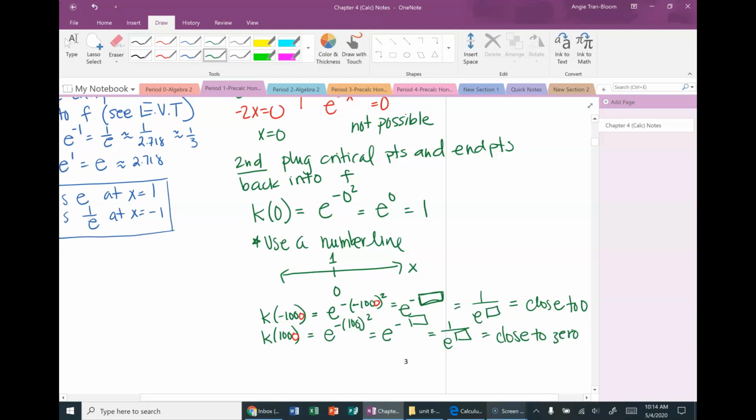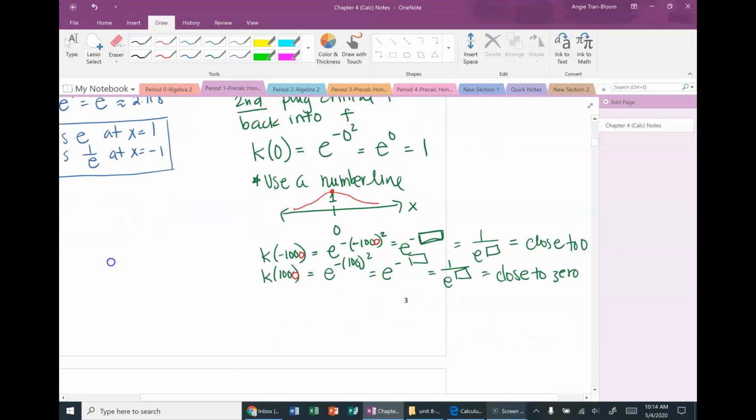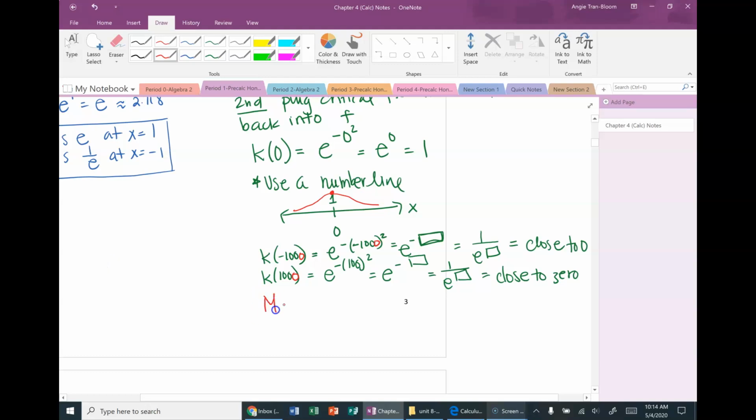Well, both right side and left side of that location, 0, 1, are very close to 0. That tells me that this is the highest point. So what this is going to look like is something like that. So this is going to be the max. So that's what our answer is going to be. Max is 1 at x equals 0.